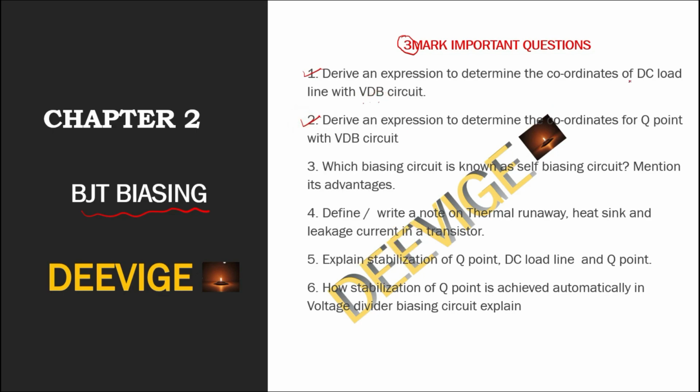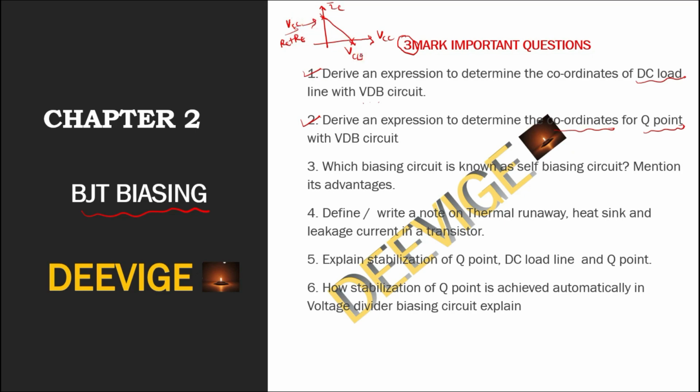Almost the same question. Instead of DC load line, there may be a question to find or determine the coordinates of Q point. You know, this whole chapter is based on this DC load line. This is VCC, this is IC, this is the end points of DC load line, which is VCC by RC plus RE for voltage divider bias.